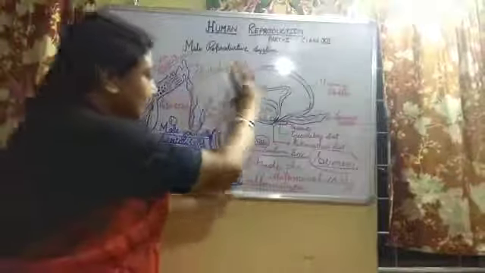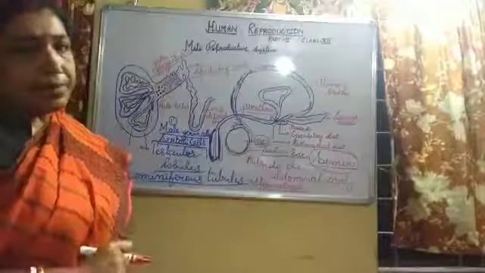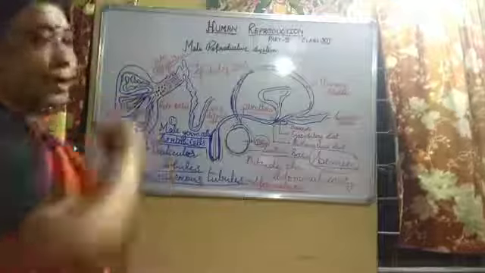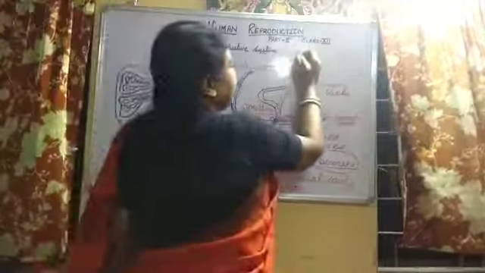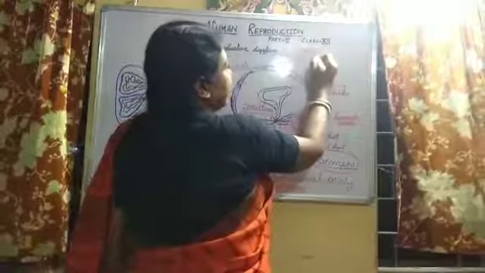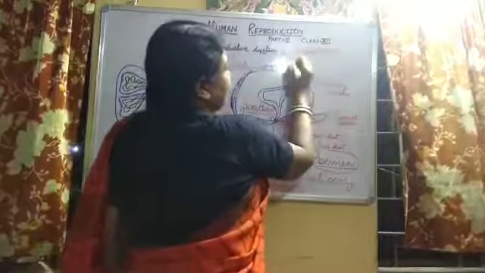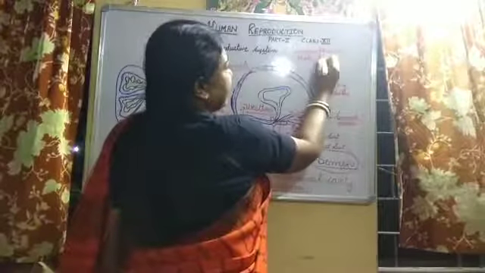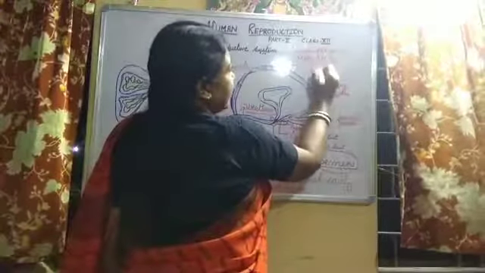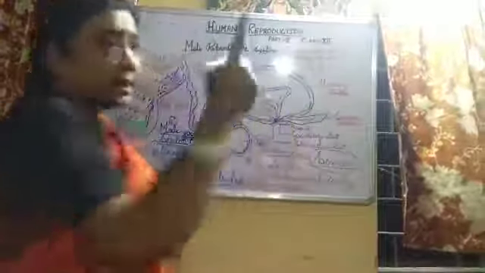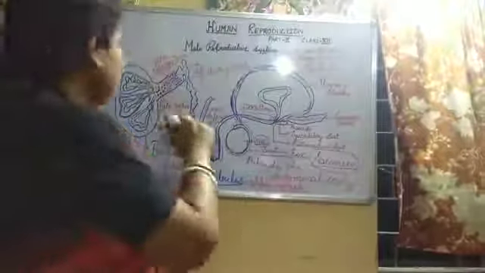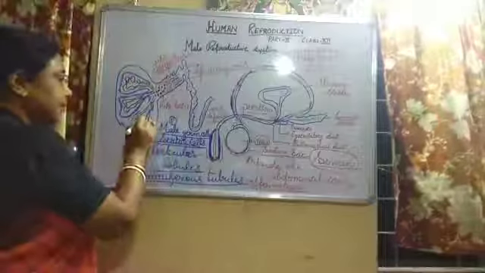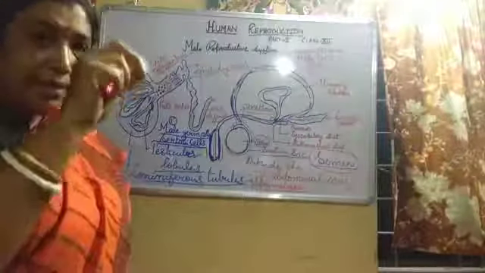Now, one more important thing is left, which I forgot to mention over here. I told you that the seminiferous tubules consist of two types of cells, that is the male germ cell and Sertoli cells. Haven't I told you? Male germ cells will become the male gamete, the spermatozoa, and Sertoli cells are giving nourishment, supporting it. Now, in between the seminiferous tubules, there is a space.